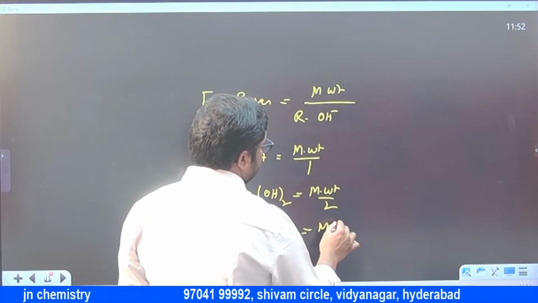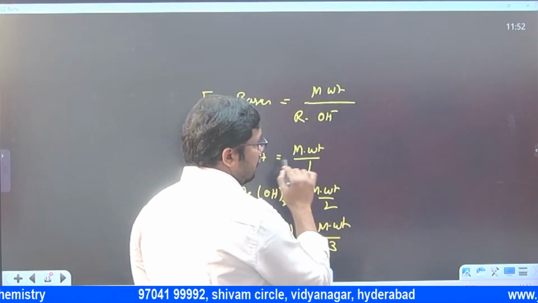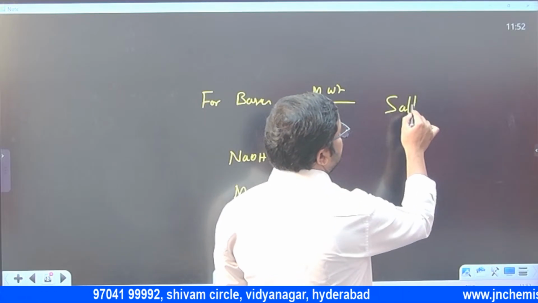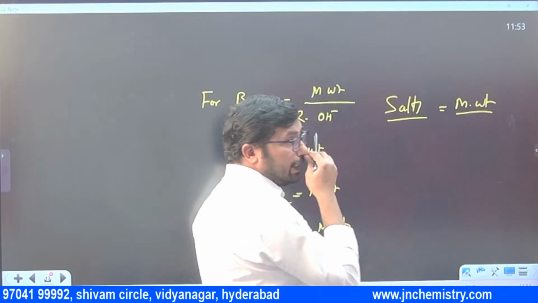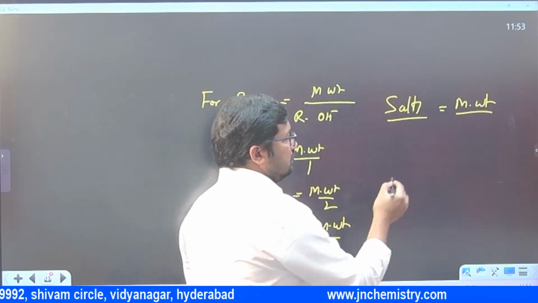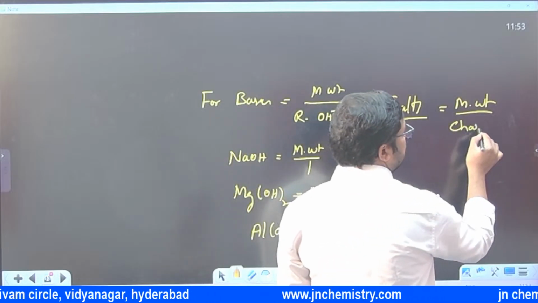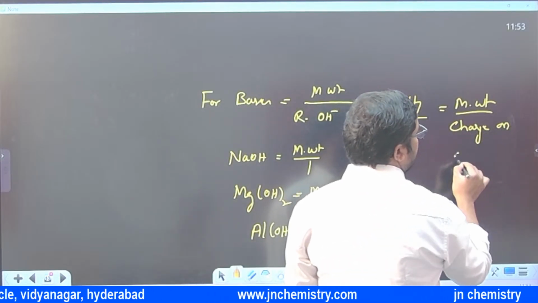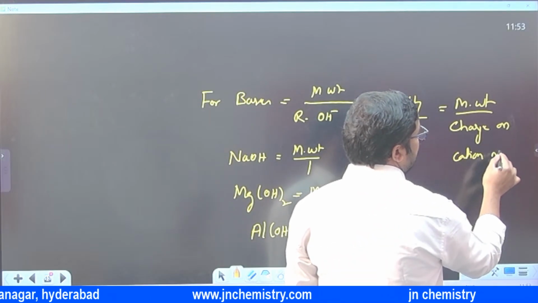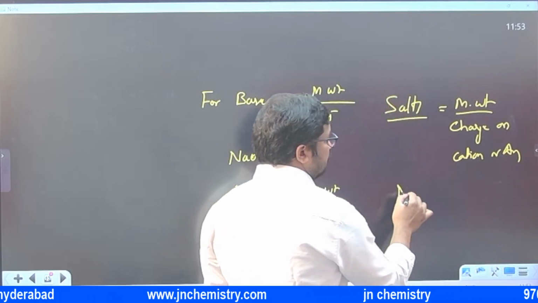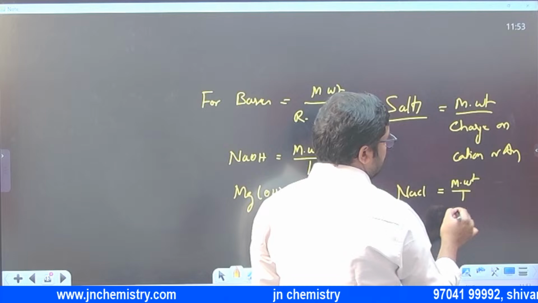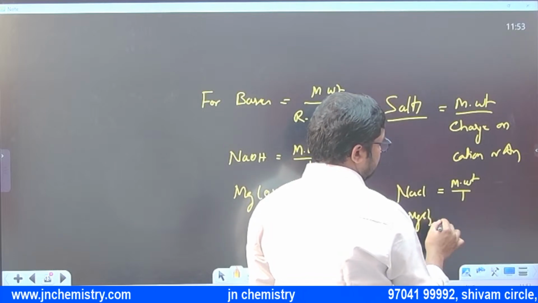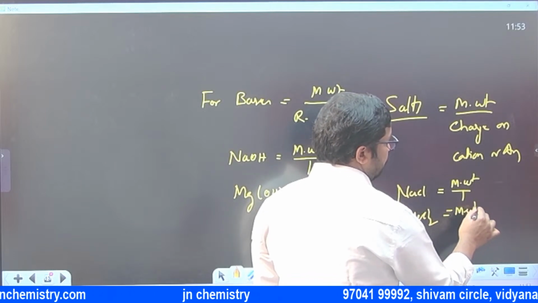For salts, molecular weight by charge on cation or anion. NaCl: molecular weight by 1. MgCl2: molecular weight by 2.